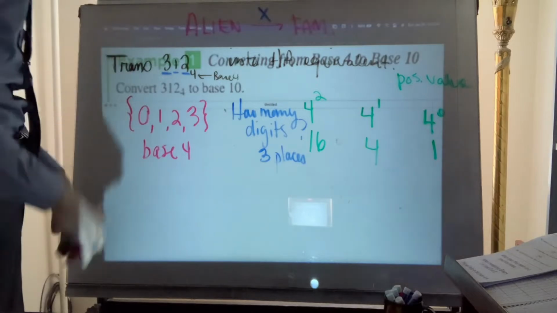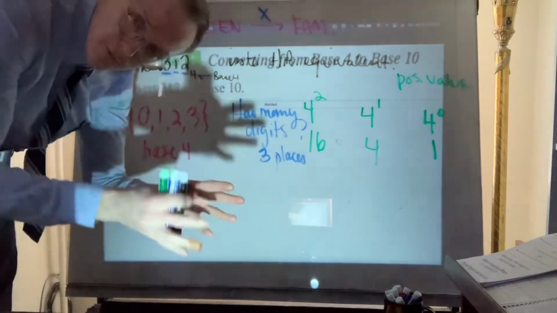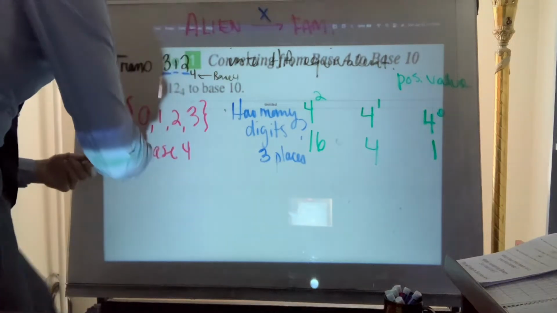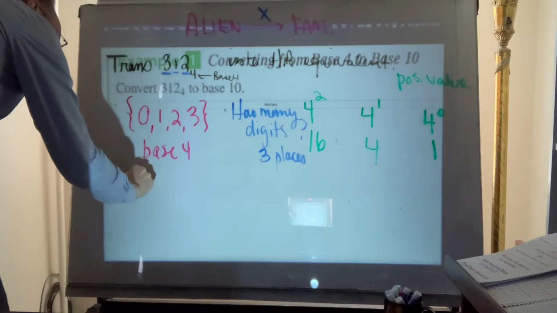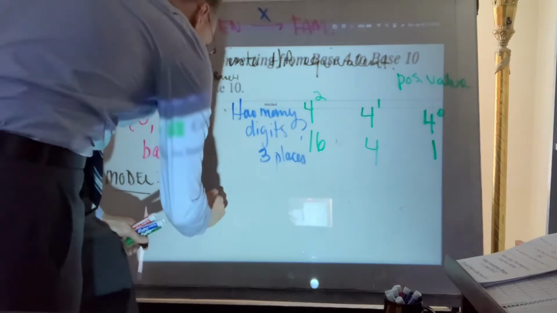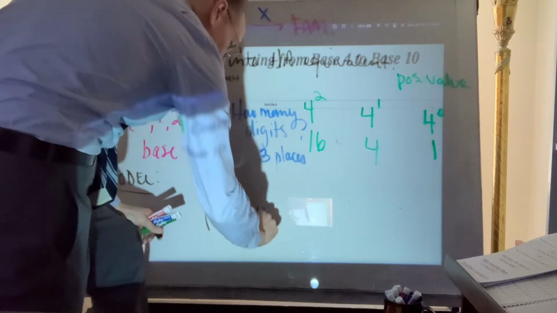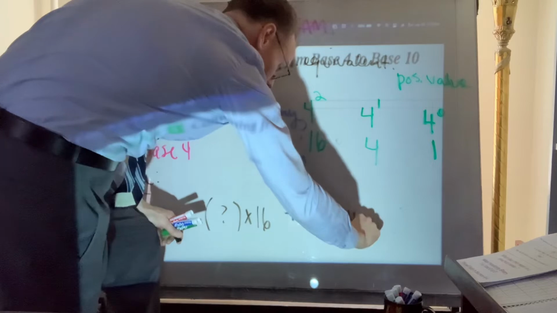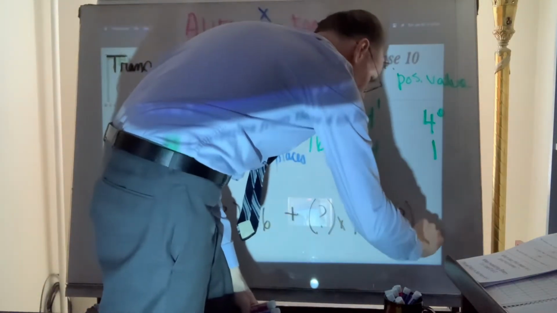Okay. Now, I didn't give you the model specifically for base 4, but we can infer what it would be. So here's a basic model for this situation. We're going to have something times essentially 16 plus something times 4 plus something times 1.